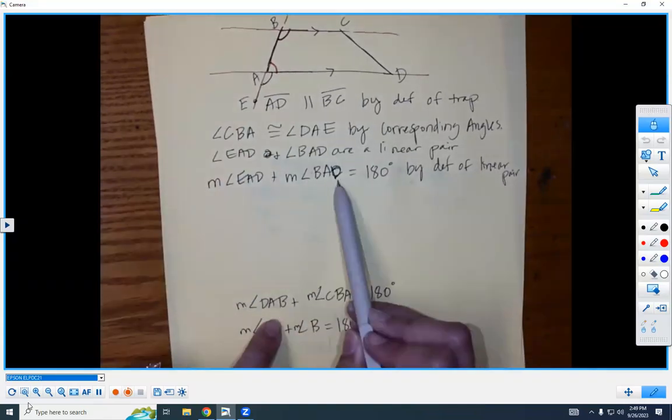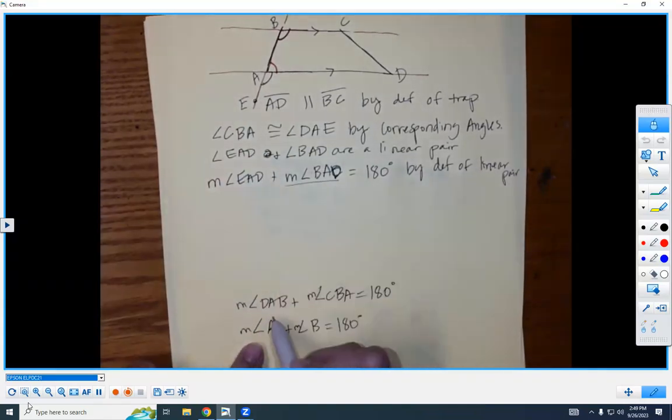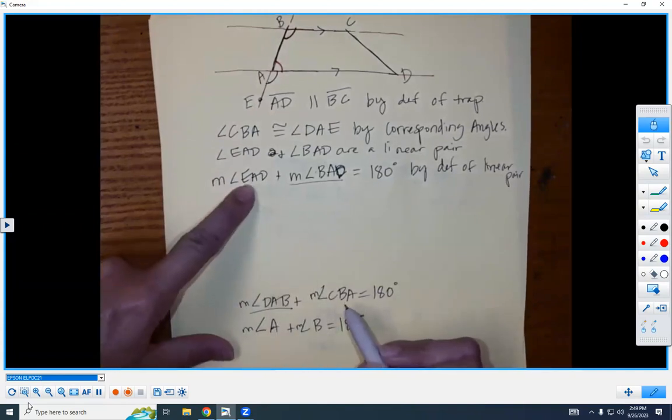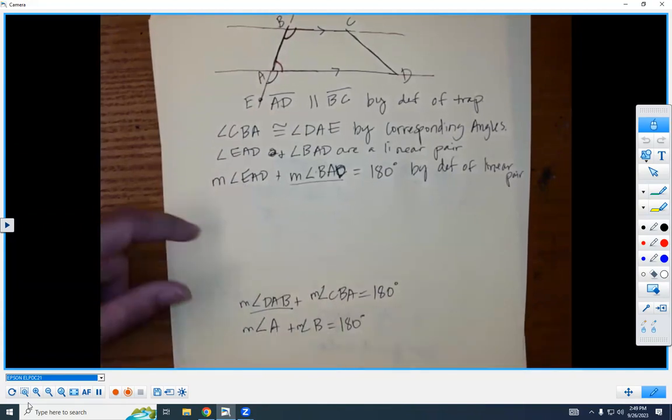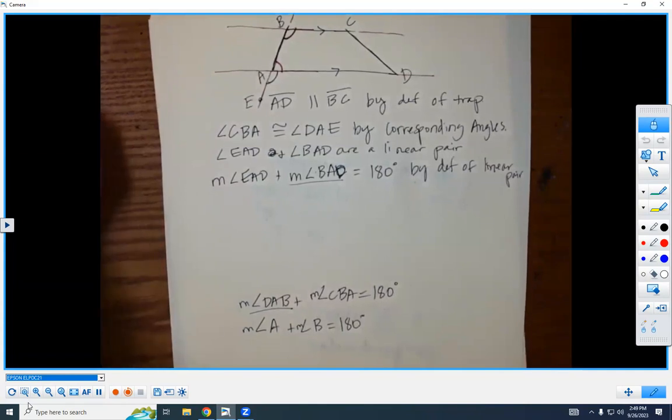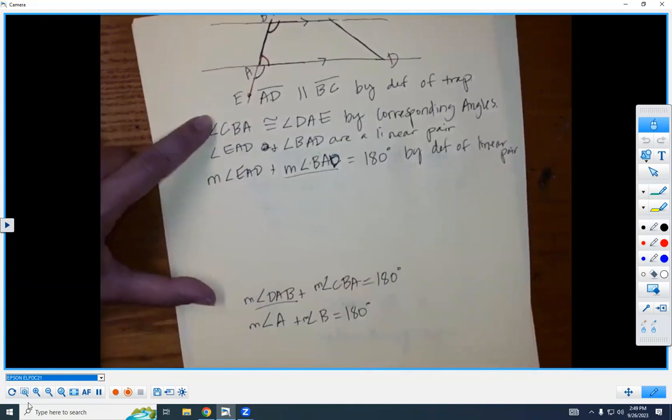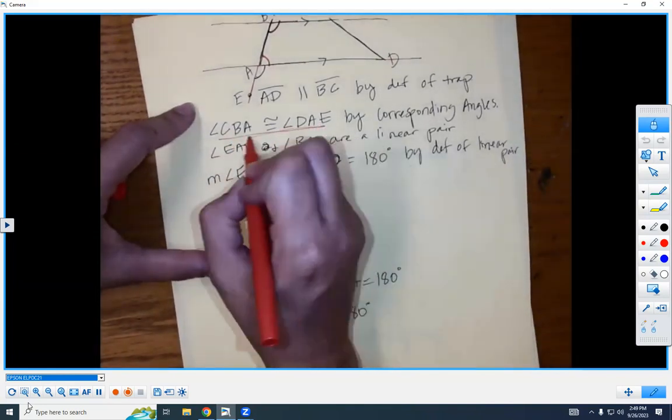I had BAD, DAB. They're the same thing, right? These match. This is CBA and that's EAD. So since CBA and DAE are congruent, that means that.